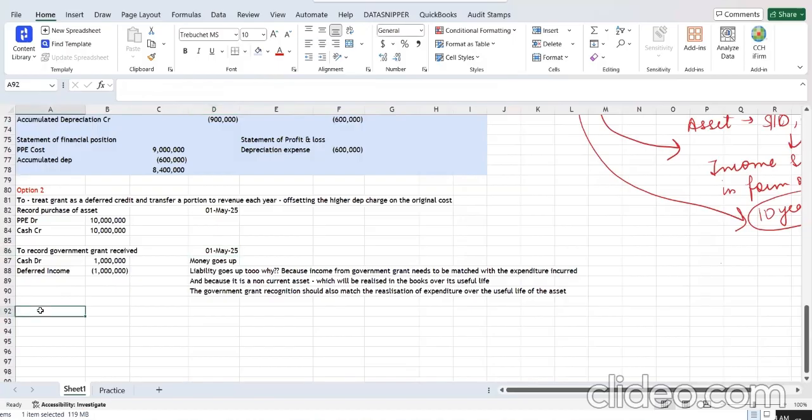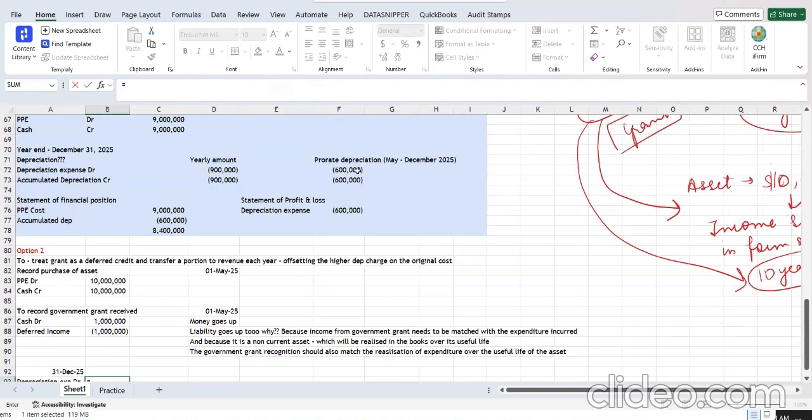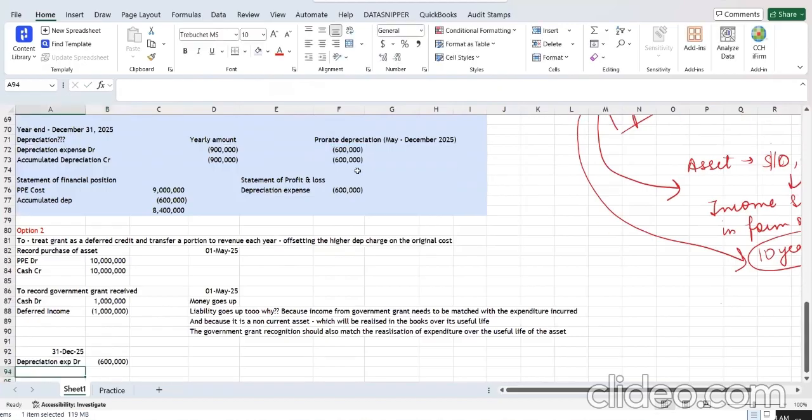Now, at December 31st, what should I do? At December 31st, I have to record depreciation, guys, right? So I will say depreciation expense debit, same as here, and then accumulated depreciation credit, same as here.